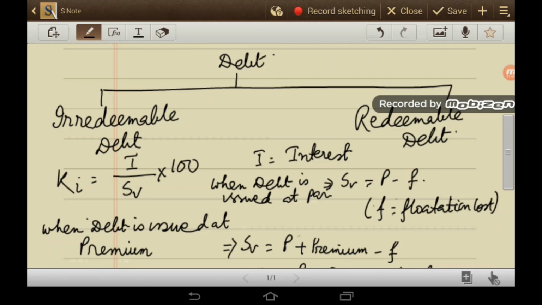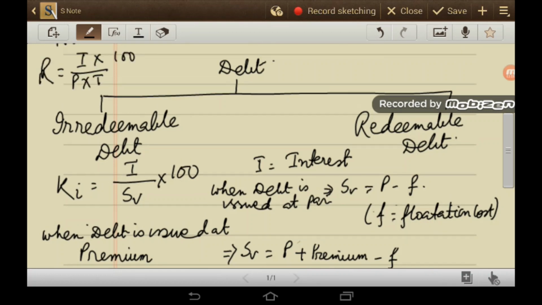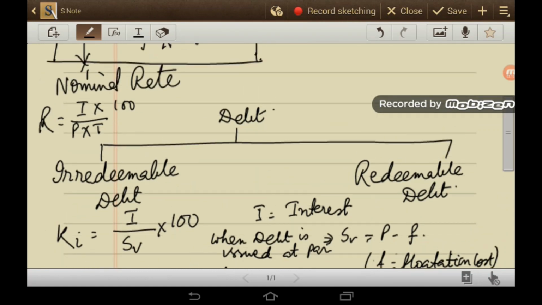So KI is the cost of debt before tax, which is calculated as I by SB into 100. This is the same formula that we use to calculate the nominal rate, R is equal to I by P into T into 100. I have explained earlier.